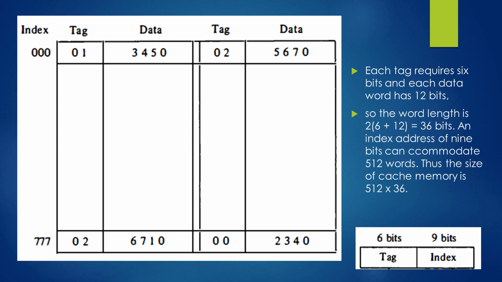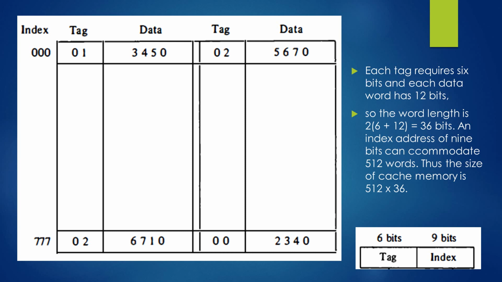But this mapping has to handle more data, that is it has to address 36 bits instead of 12 bits, because each tag requires 6 bits and each data word has 12 bits. Data size is 12 bits.